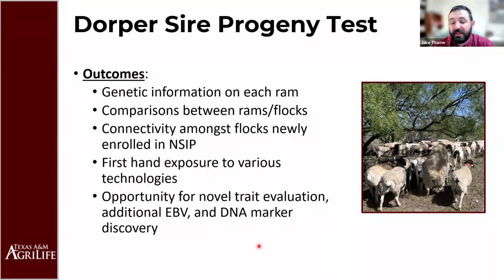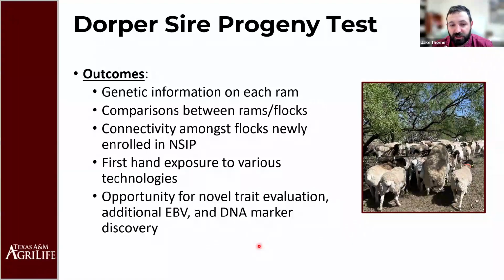And what that means is that the breeding values that those newly enrolled flocks are going to get are actually going to be more accurate, because there's a bigger pool of data that those breeding values can be developed from. They're going to be connected not only to our flock, our San Angelo flock, but also everyone else that's participating. So that's really a big outcome of this project, and we're really excited about it.